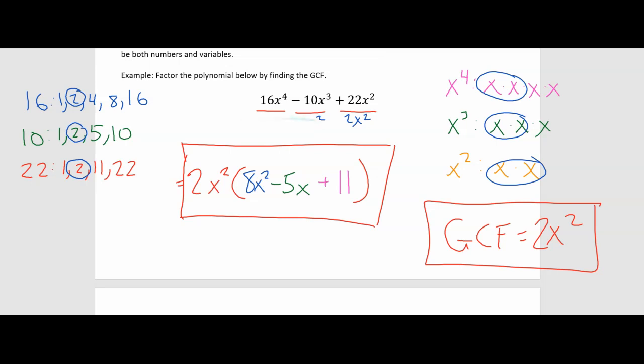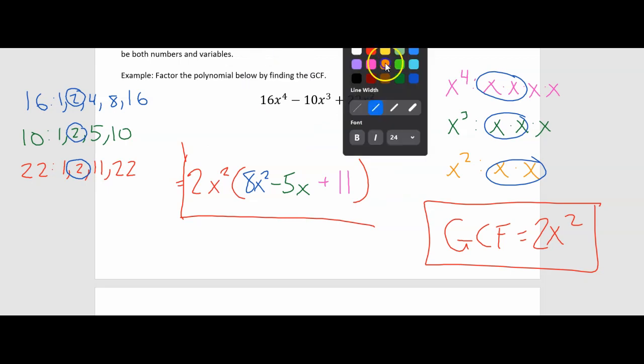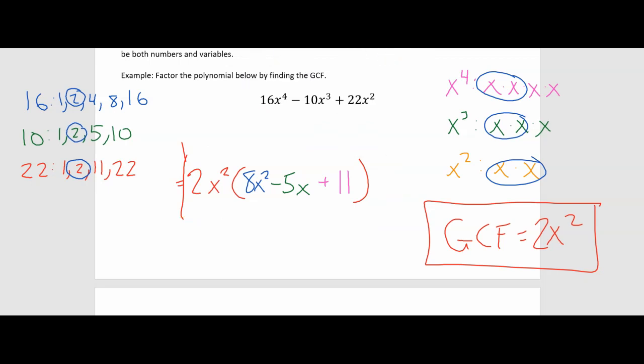Well, a way to check, maybe some of you are already thinking about this, would be to multiply or distribute the GCF to all three terms. If you multiply that out and you get what you started with, well, you know you did your factoring correctly. If you get something different, then you know you did your factoring incorrectly. You don't have to do that. It's just a way to check, right?